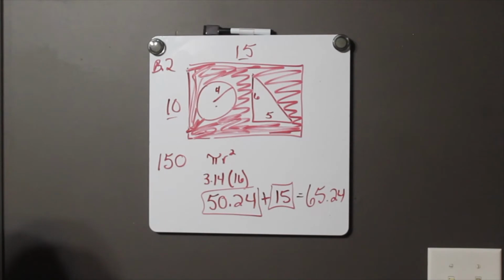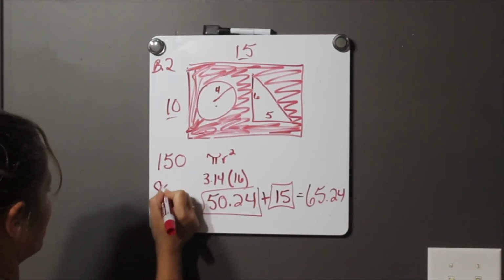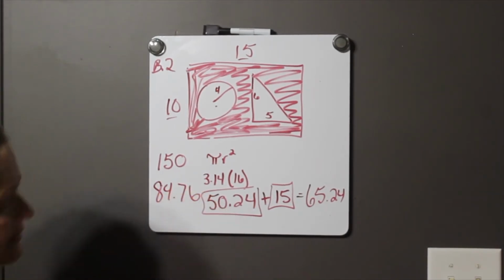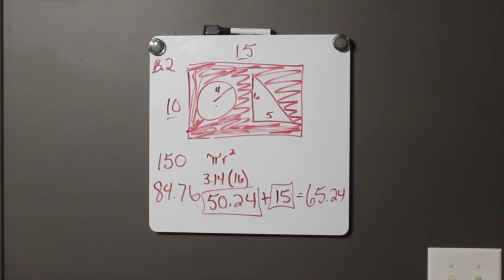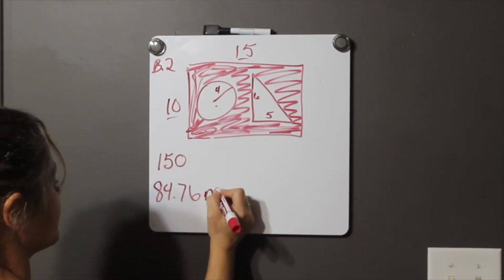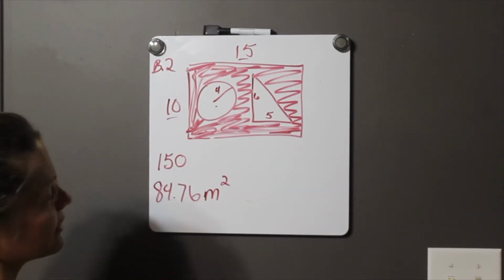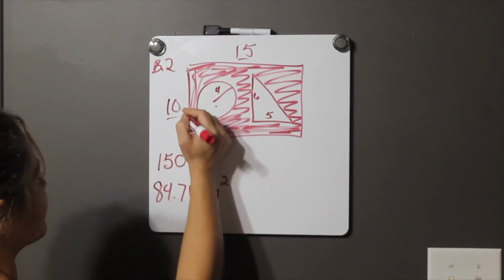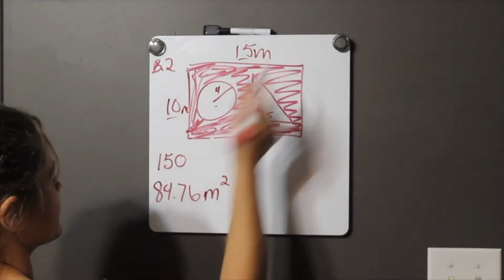And then we're going to do 150 minus 65.24. And we're going to get 84.76. Alright, and it's important to also remember that that would be meters squared because this is two-dimensional. We got the squared when we said meters times meters, meters squared.